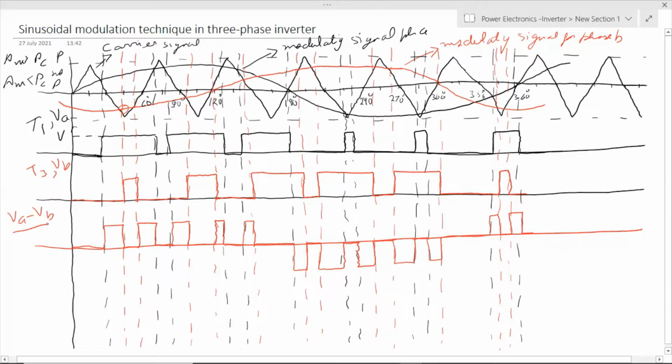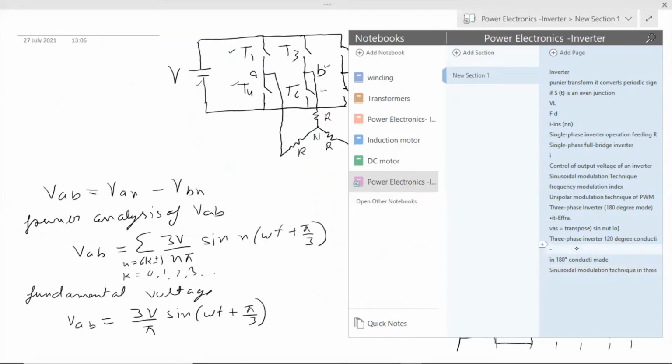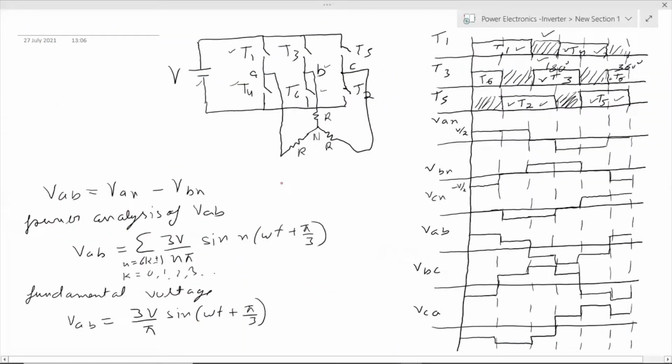Because if you see this 120-degree conduction mode waveform, your line voltage has 6 steps in a full cycle. There are 6 intervals in which the line voltage is divided. The whole cycle is completed in 6 intervals: 0 to 60, 60 to 120, 120 to 180, like this. So there are 6 steps per cycle of line voltage.